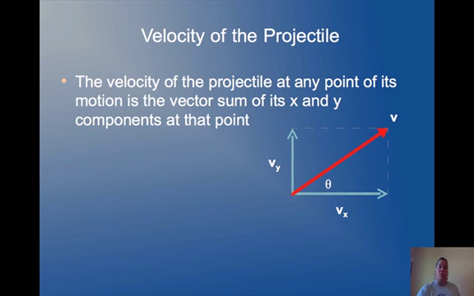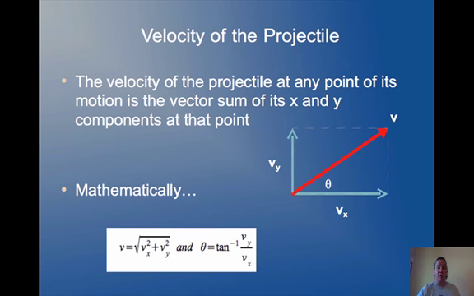To us, of course, the sum of V_x and V_y, those vectors, is V. And if we move the V_y to the other side, then it makes a right triangle, and we can solve mathematically with the Pythagorean theorem. And if we know V_x and V_y, then we can solve theta with the tangent. In this case, theta is inverse tangent of V_y over V_x.